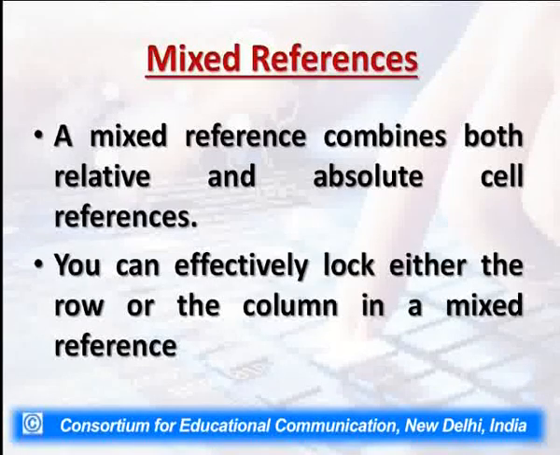Now, the third type of reference is a mixed reference, where you combine both relative and absolute references. You can effectively lock either the row or the column in a mixed reference. You can write $B5, which means you are fixing the column to B, but the row will change.